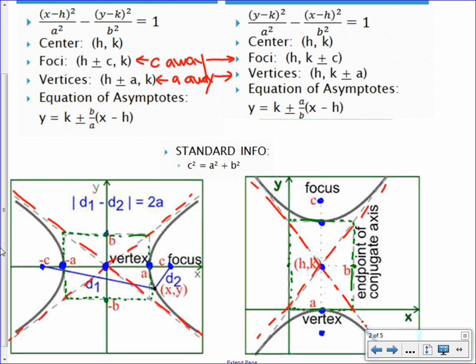We will do one example of each. And just like with parabolas and ellipses, it makes a lot more sense once we're doing it with actual numbers, right? Okay, questions before we move on? If it is not in standard form, we must get it there.